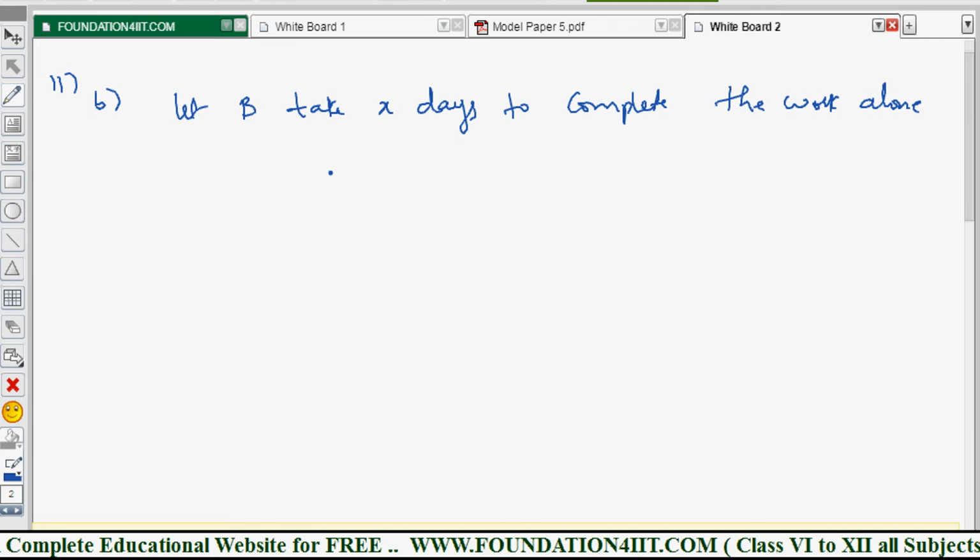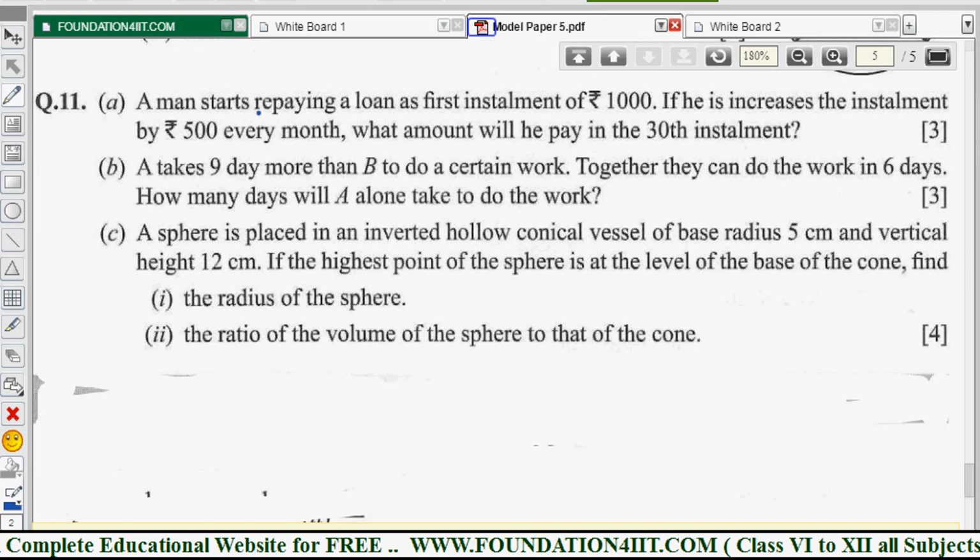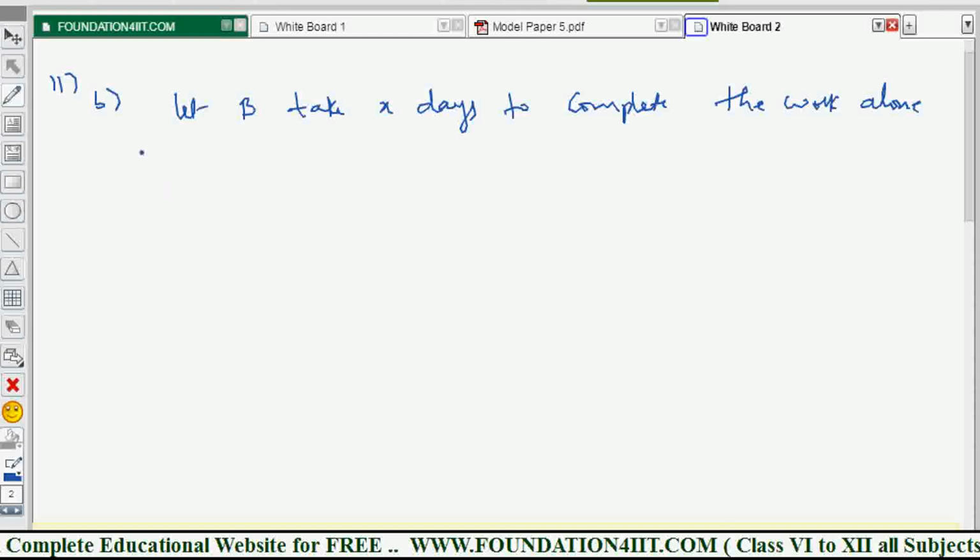And as per the question, A takes x plus 9 days, because A takes 9 days more than B. So as per the question, 9 days more means x plus 9 days to complete the work alone for him.